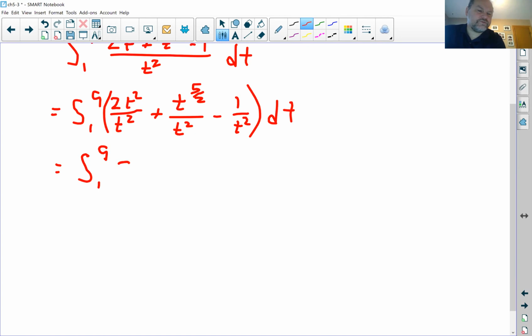Simplifying, that would be 2. If I subtract, that would give me t to the 1/2. And 1 over t squared is the same as t to the -2nd.